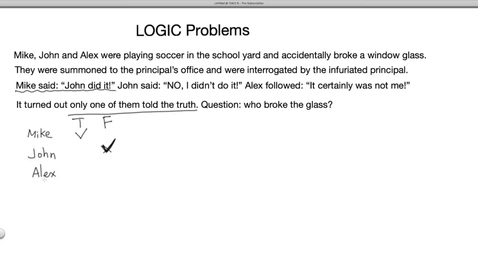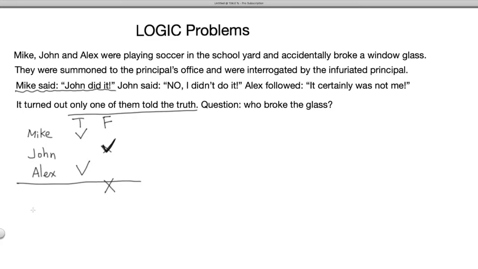And Alex should also be making a lie. But Alex said, it certainly was not me, and because John did it, Alex is also telling the truth. And this is a contradiction, because now we have two people, Mike and Alex, telling the truth. So this is not right.